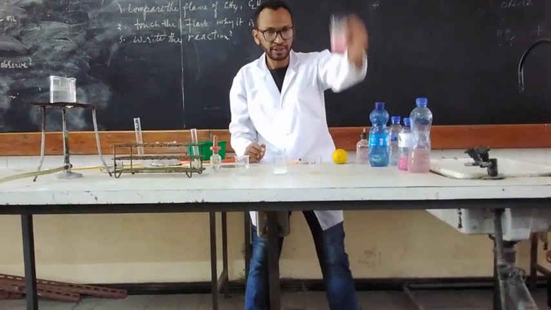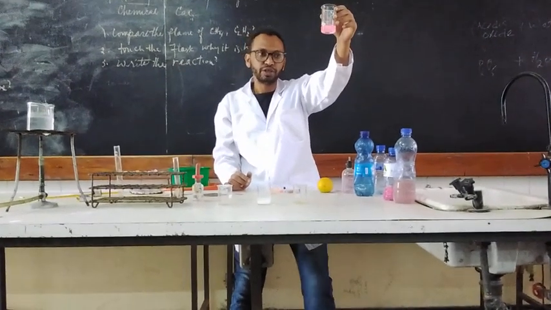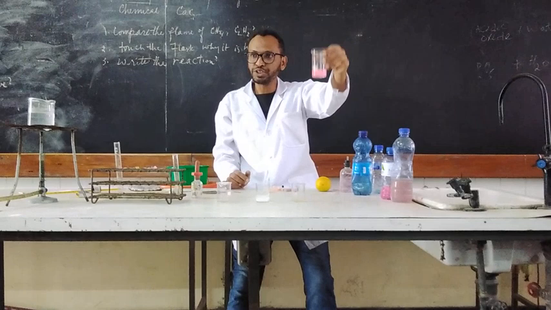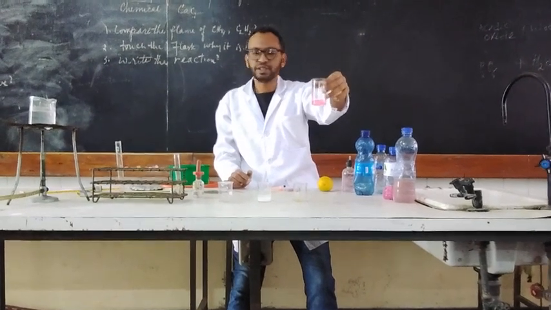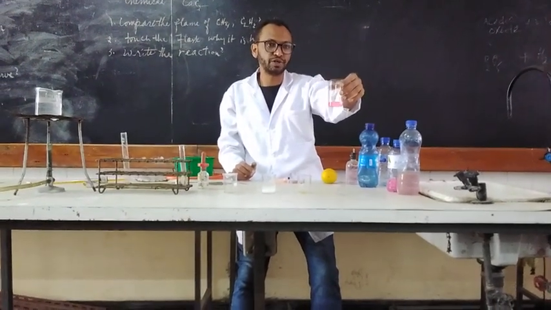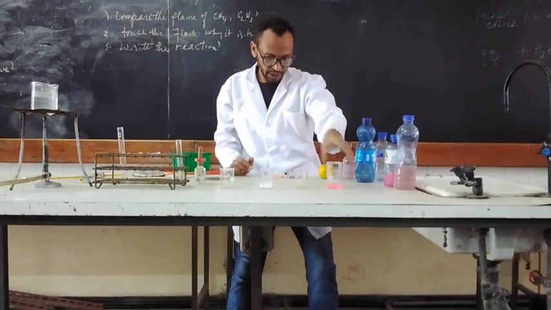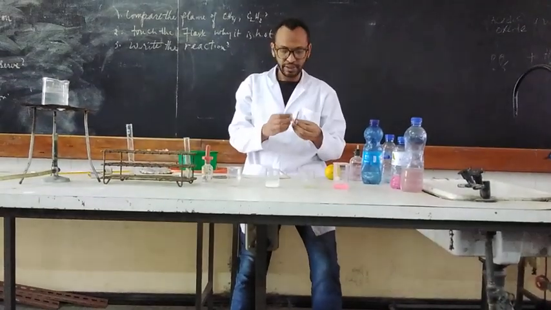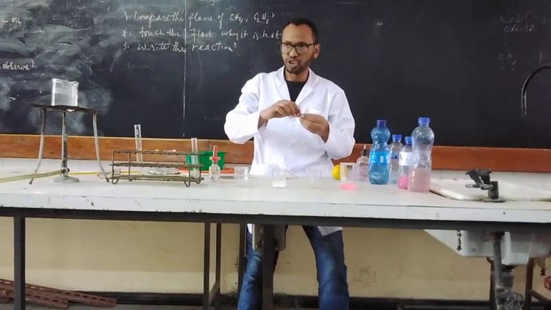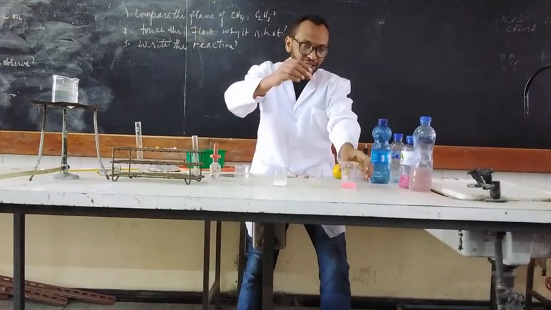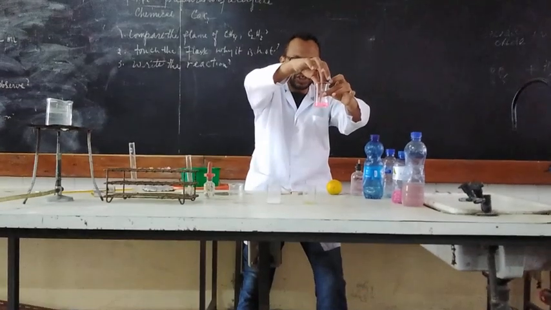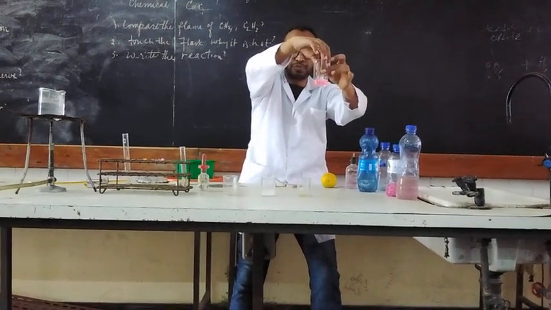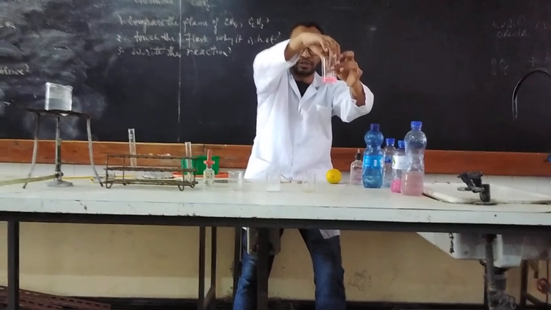The last one is, as I told you before, liquid soap. To identify which type of chemical substance this liquid soap is, let's use red litmus paper. If this red litmus paper changes into blue, then, of course, soaps are made up of potassium hydroxide.